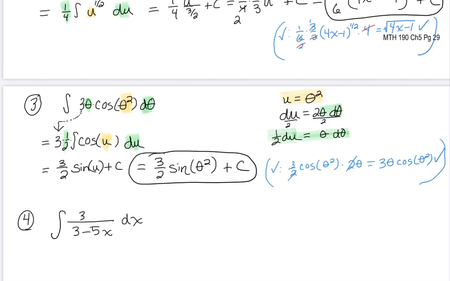All right, well, at a quick glance, I don't see a super obvious inside function. I don't see something raised to a power, and I certainly don't see a trig function like the last one we did.